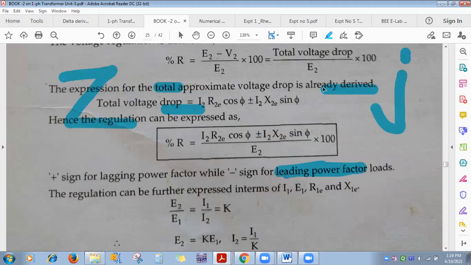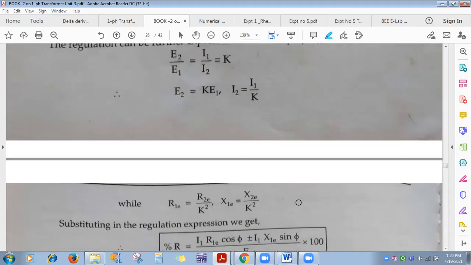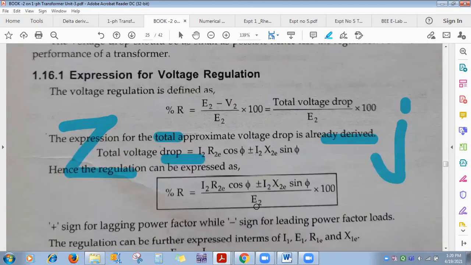And imaginary part is negative, so phi you will always get negative. And sign of minus phi is minus sin phi. That's why minus sign for leading power factor load in this formula and plus sign for lagging power factor load. So here also see plus minus is there, same thing. Got it? Now based on these two, we'll see the numerical how to calculate percentage voltage regulation.